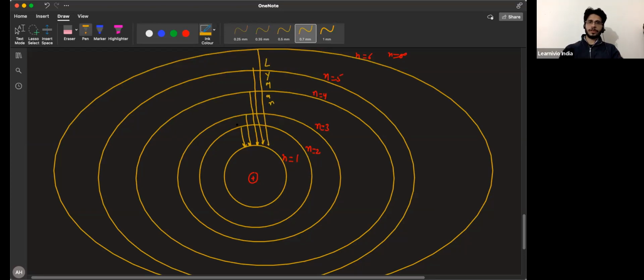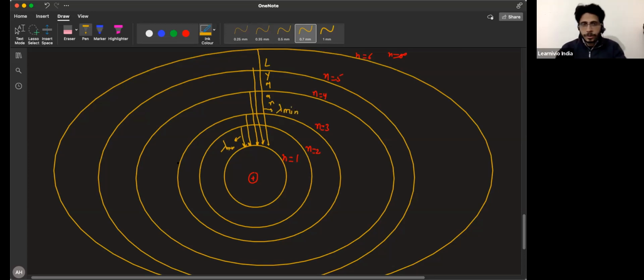When I say the first line, that means from 2 to 1. The next transition is from 3 to 1, the next from 4 to 1, then 5 to 1, then 6 to 1. Is it clear, Faisal, now? Yes, sir. The first transition has the minimum energy difference, meaning the maximum wavelength. The last transition will have the maximum energy difference but minimum wavelength.